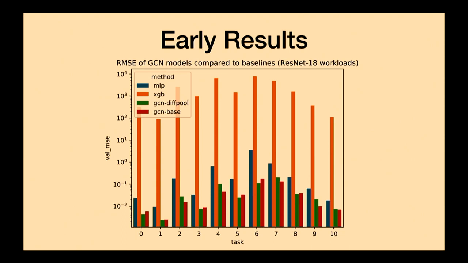So here on the y-axis, we just show the mean squared error of the estimated performance. And the x-axis is the different tuning tasks for a ResNet workload on a GPU. And so we can see that the graph convolutional methods, those are the red and green ones, can improve on the baselines in this example.